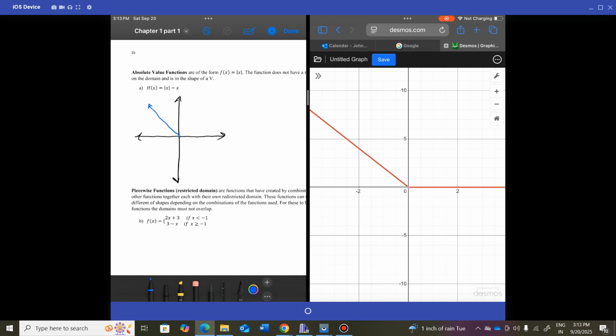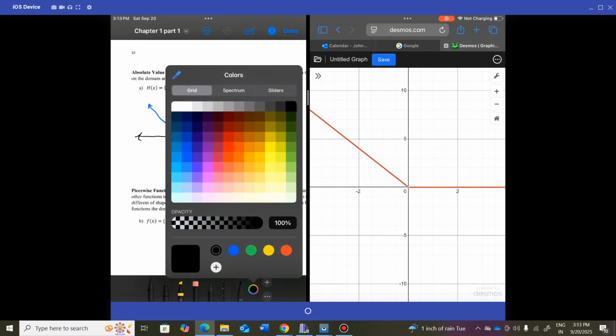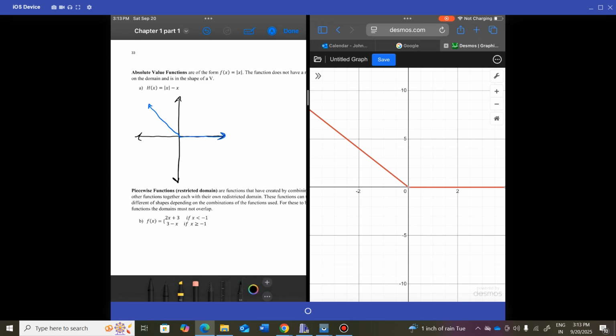But then no matter what you put in for x, you're subtracting that value. So it ends up being 0 all the way in the positive domain. Okay, the reason it's not in the negative domain is, let's look at one. If we did, let's say, h of -5, then we have absolute value of -5 minus a -5, which is going to be 5 plus 5, which is 10.